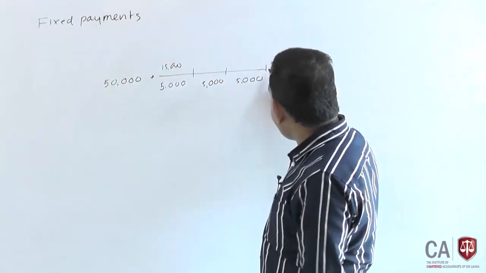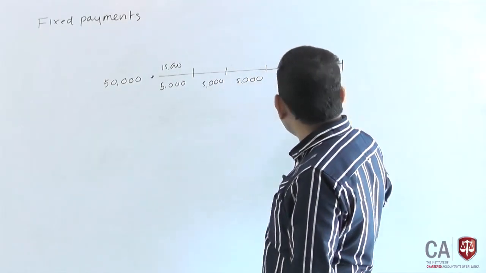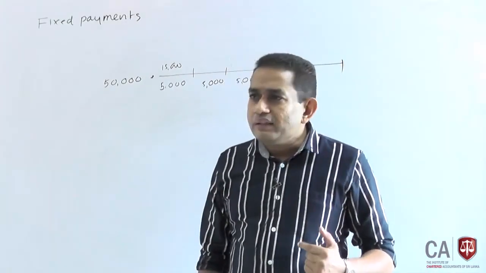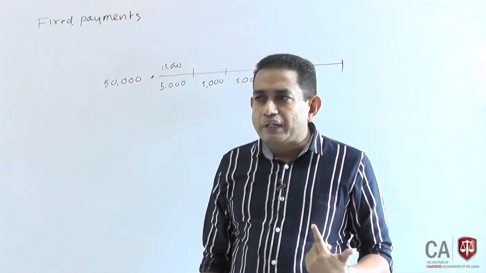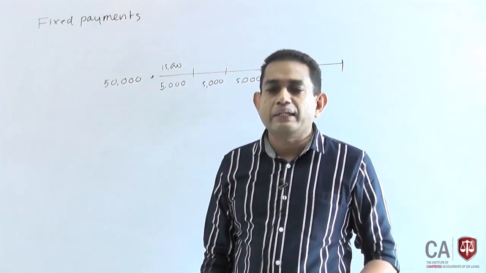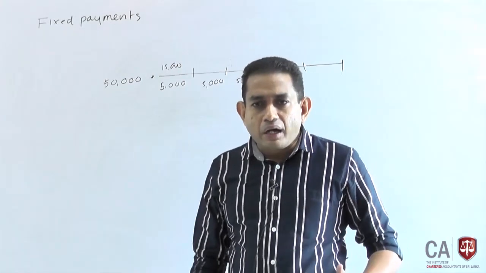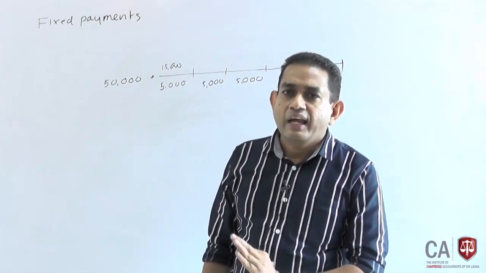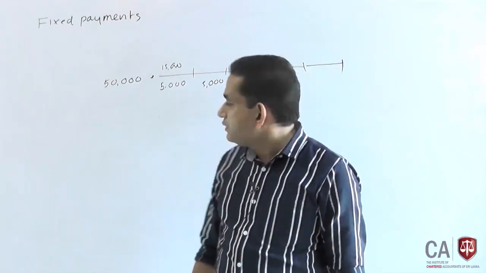So then at the end of the lease term, say it is 5 years time, whatever the lessor has not been able to recover from the lessee in the form of lease installments, can be recovered once and for all at once from the lessee at the end of the lease term.